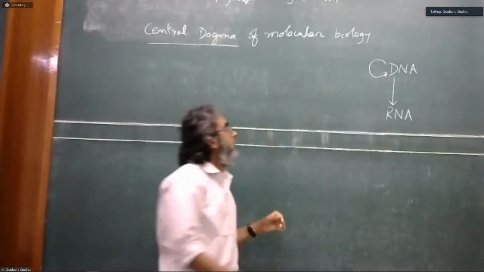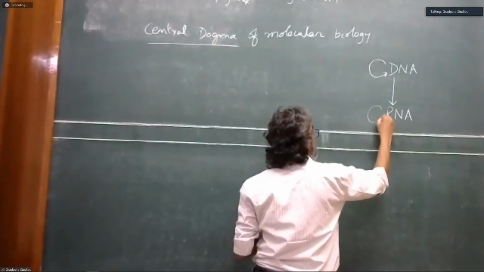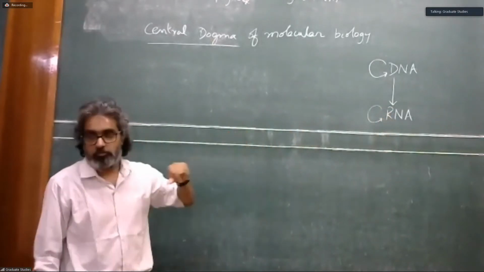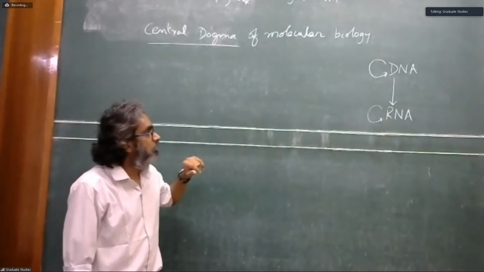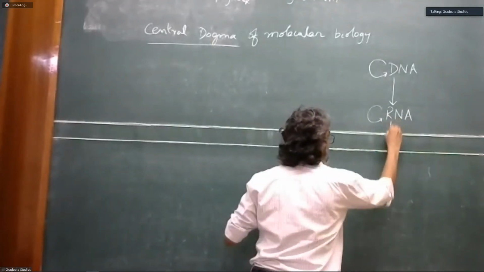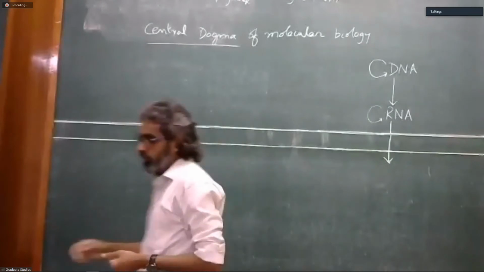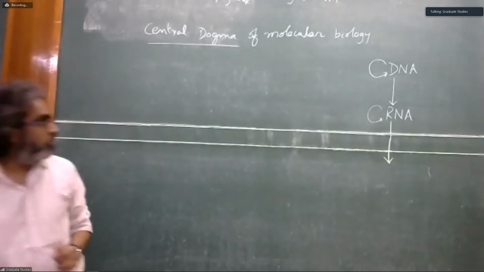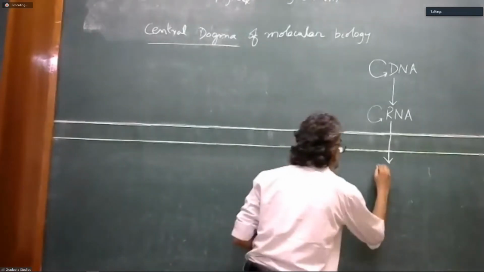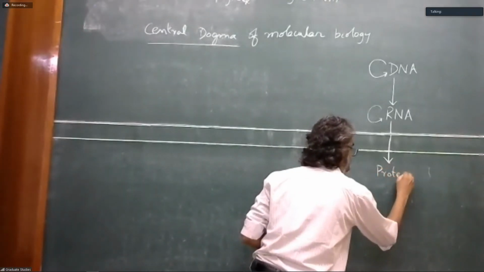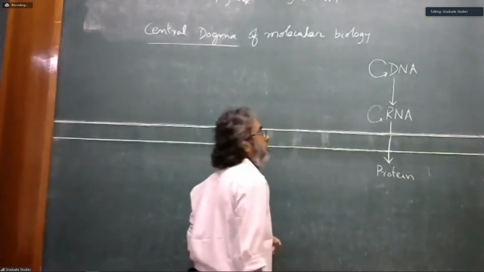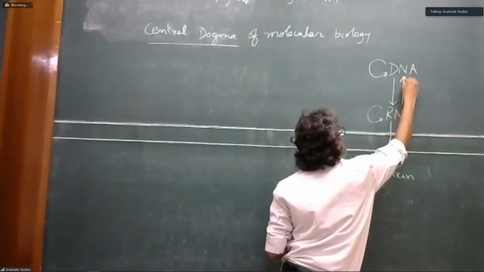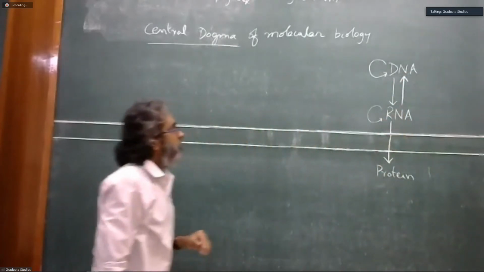Similarly, you can make one RNA from another RNA. For every process you have a different enzyme. Then RNA goes into protein. And rarely, information goes from RNA to DNA. You'll see where exactly that occurs.